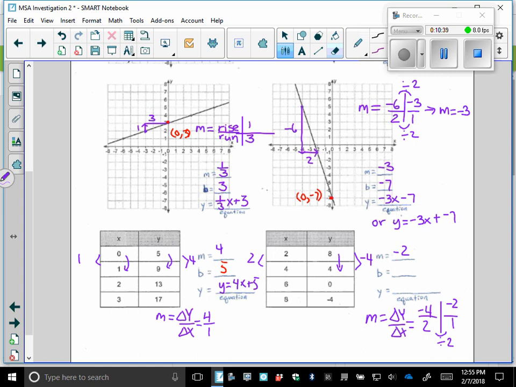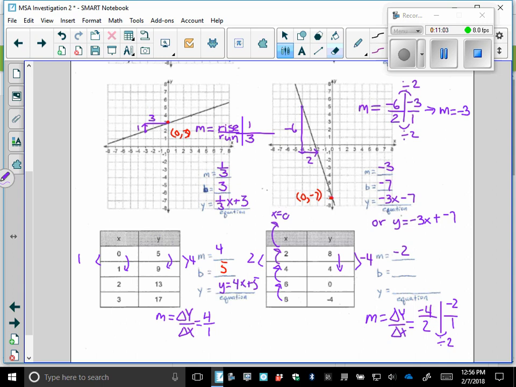It's a little harder to find the intercept because I don't have when x is 0. But I can follow the pattern backwards. I'm dropping down from 8 to 6, 6 to 4, 4 to 2, so I could drop down to when x equals 0.